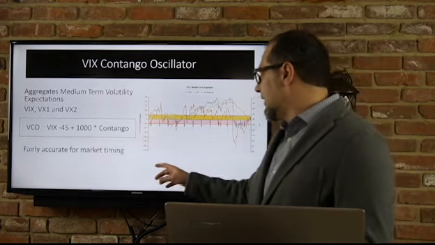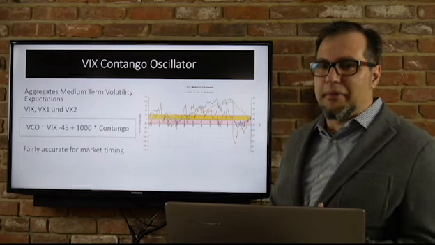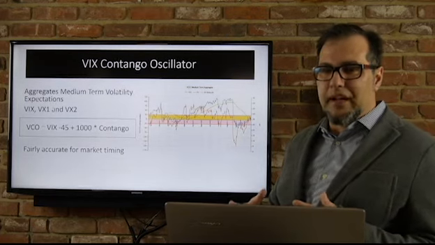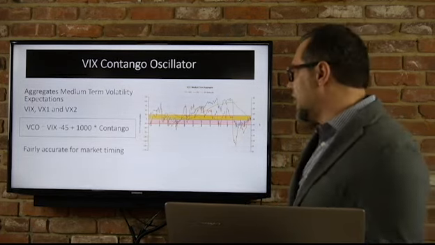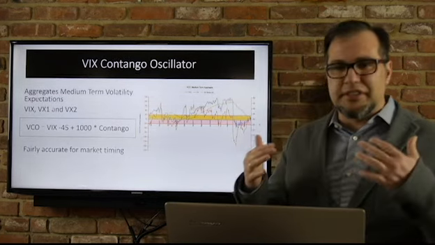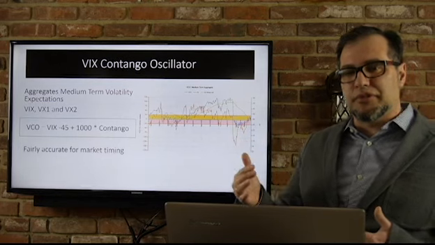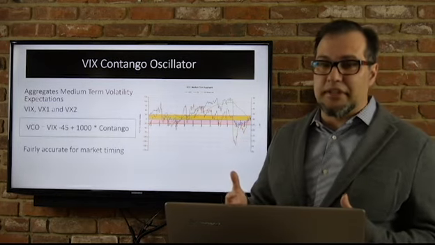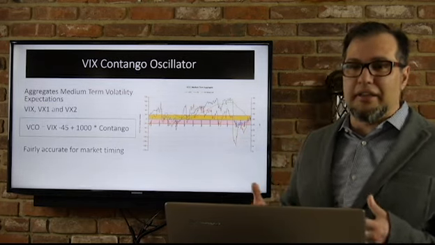And it's fairly accurate for market timing, because it takes account of short-term volatility expectations. So if the VCO is above 25, usually the VIX is fairly low and Contango is very positive, and this is a good time to be in the stock market and in XIV.